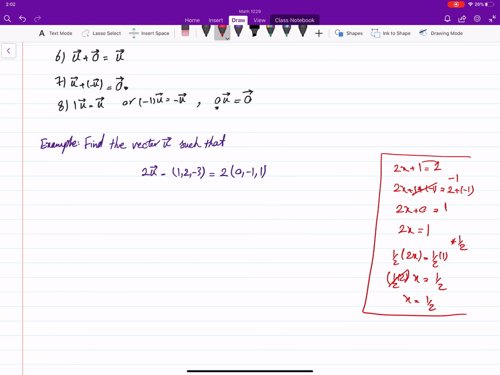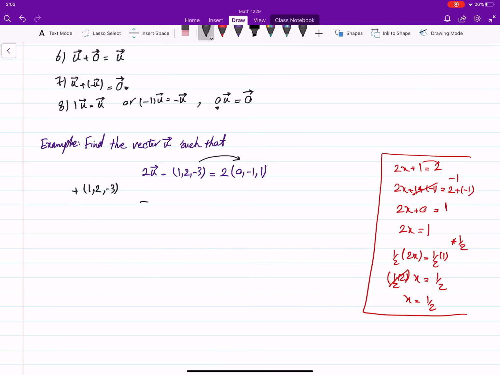Now I have completely equivalent properties for vectors, and I can use them to solve this equation, meaning that I can first transfer that vector to the other side. In other words, add to both sides of this equation (1, 0, -3).